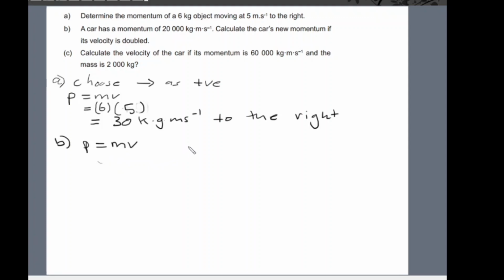Currently the mass is m, let's say it's m, and if we double it we will have 2m. Calculate the car's new momentum if velocity is doubled, sorry, not mass, if velocity is doubled.